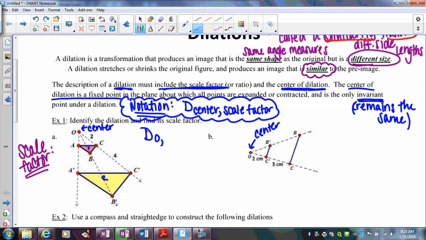So what happens is you take the old distance from the center, you multiply that by the scale factor, which typically we use K as the scale factor. It doesn't really matter, it's just a variable we use, and that's going to equal the new distance that you travel to do the dilation.